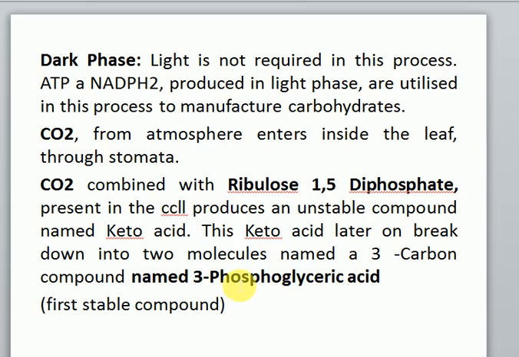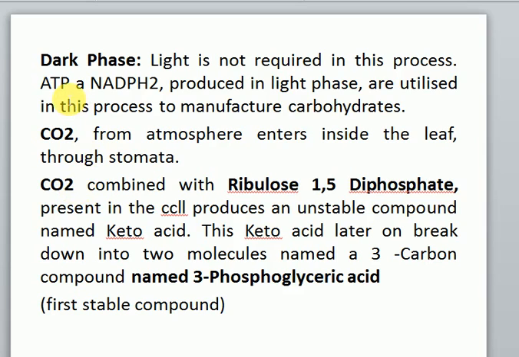So at the end of the day, this 3-phosphoglyceric acid is reduced by these two, majorly NADPH plus. So this H2 is being added to this to form your C6H12O6, and to do that, energy is needed.